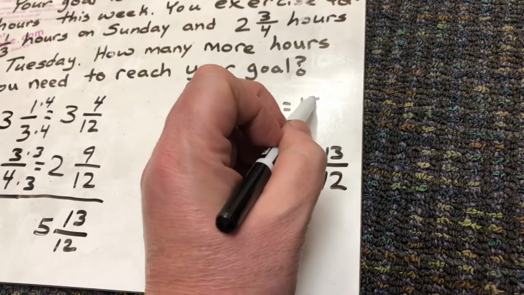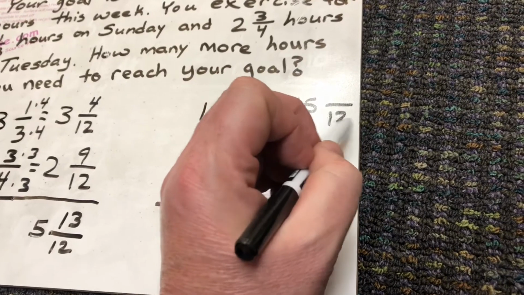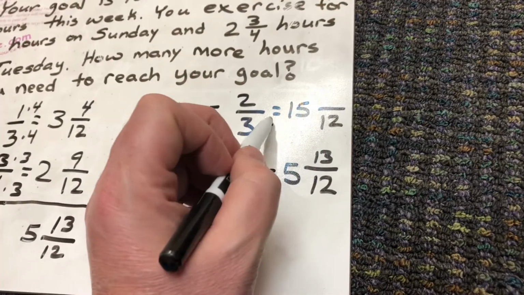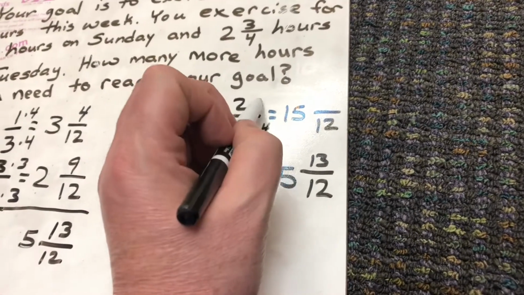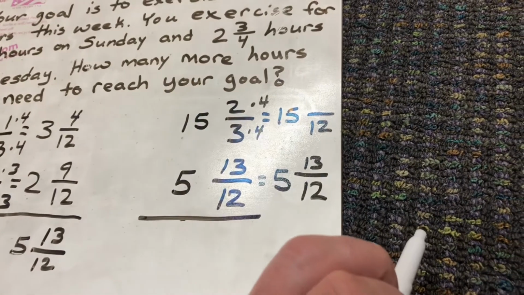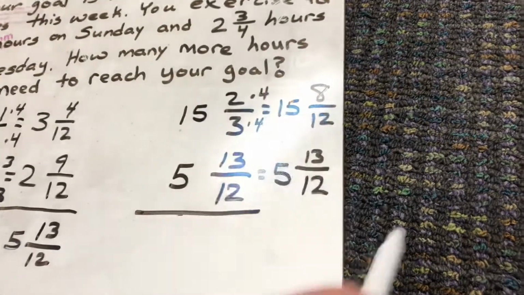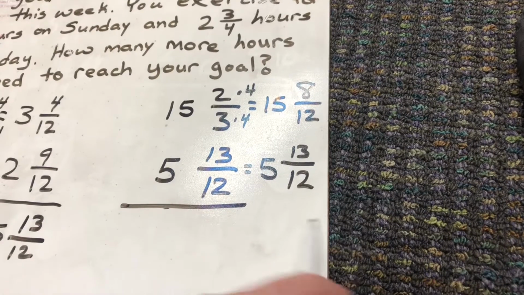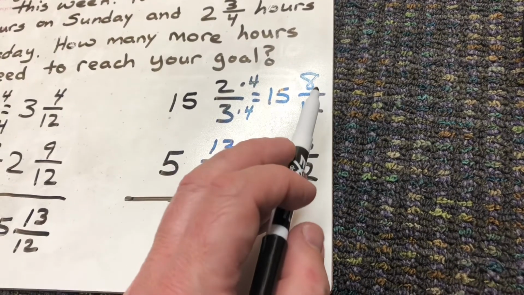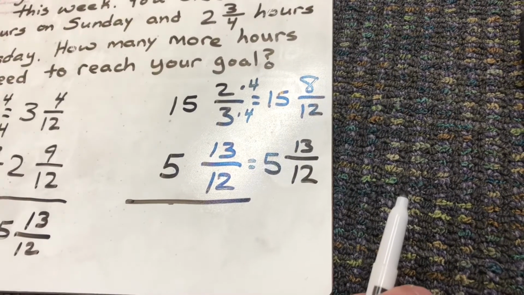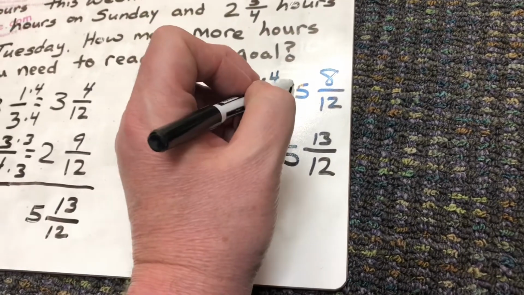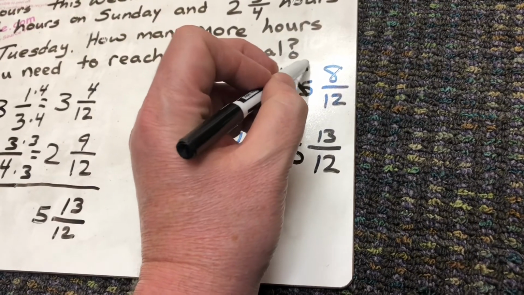This is going to have to become 15 and something over 12. Well, 3 times 4 is 12, so I'm going to do 2 times 4, which is 8. Well, I can't do 8/12 minus 13/12, so I'm going to have to borrow from the 15 and make it a 14.